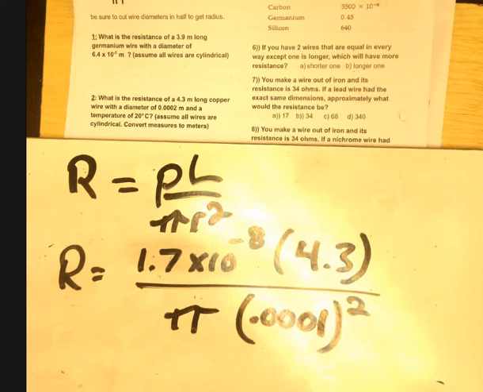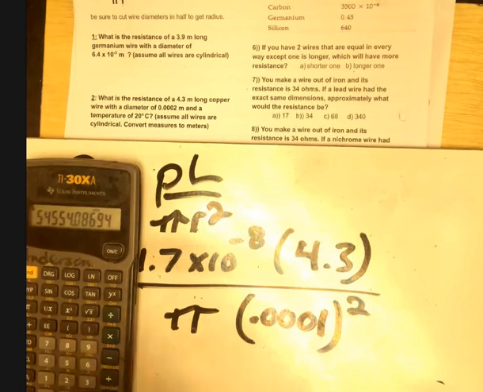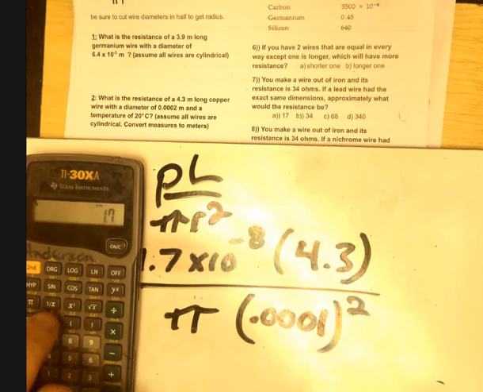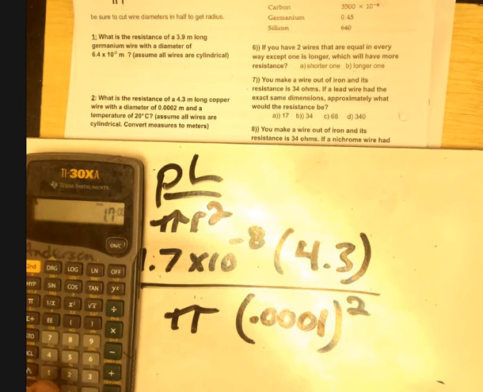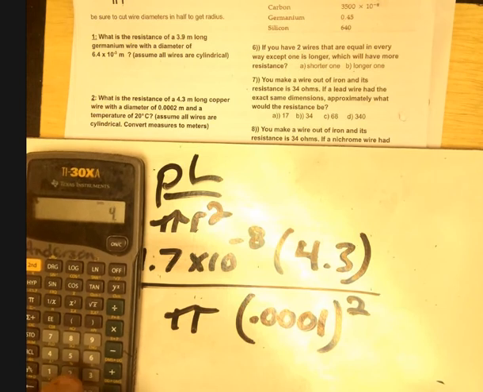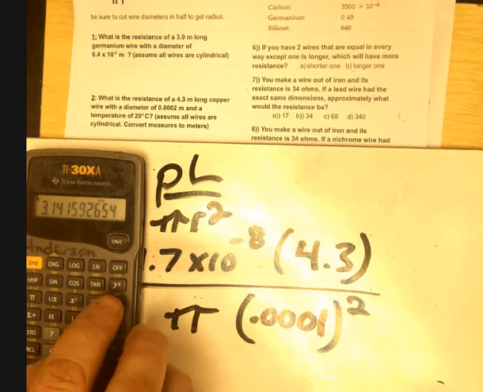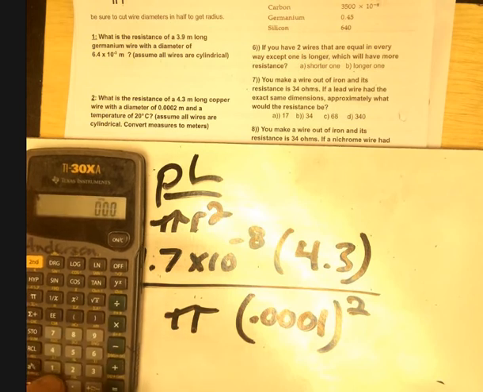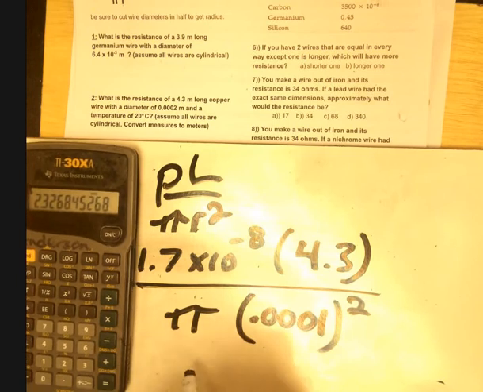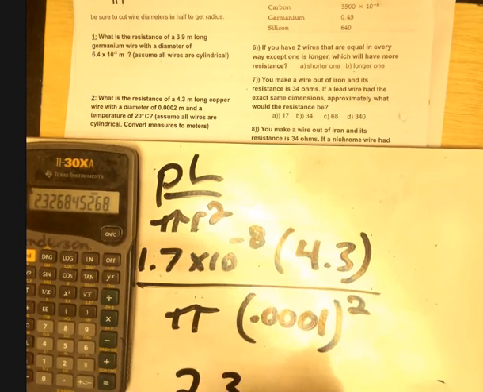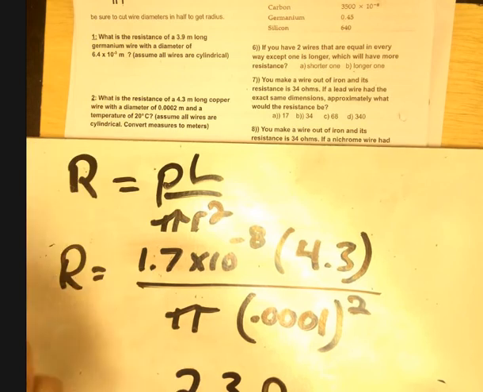Okay, so typing this into my calculator, 1.7 EE negative 8 times 4.3 divided by pi, and I'm also going to divide it by the 0.0001 squared equals 2.3. And the unit for resistance is ohms.